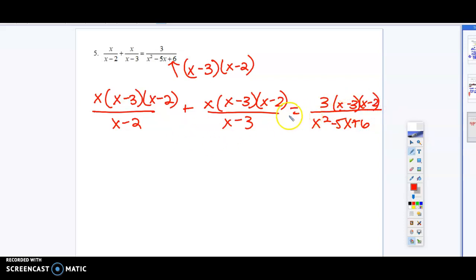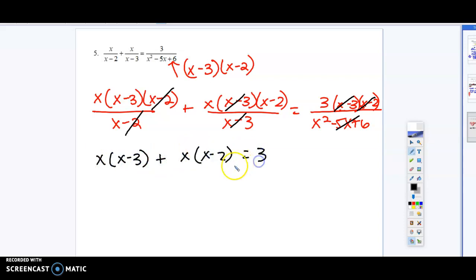Once you do this, you're going to see that you can cancel out some stuff: this x minus 2, this x minus 3, and these things. What you're left with is x times x minus 3 and x times x minus 2 equals 3.